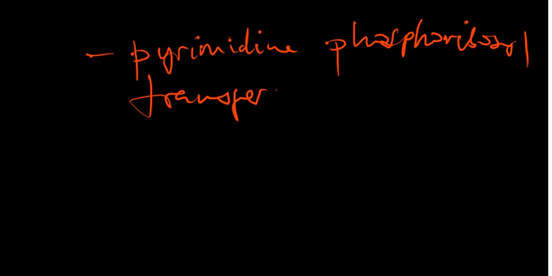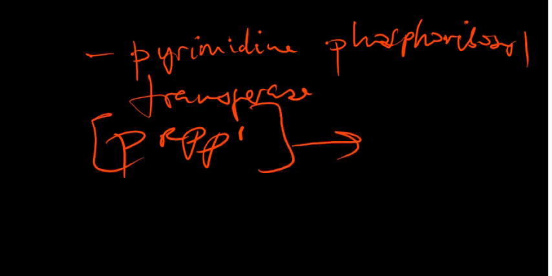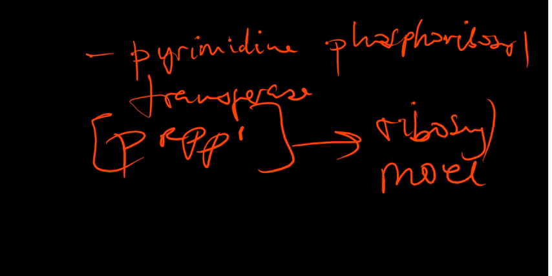Okay, this pyrimidine phosphoribosyl transferase catalyzes the formation of the pyrimidine nucleotide. It uses PRPP, like we had mentioned earlier. So this PRPP is the one that donates a ribosyl moiety. Okay, so this is about the salvage pathway.